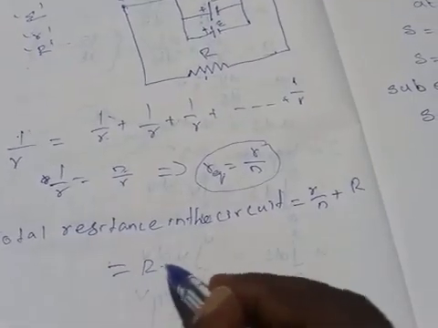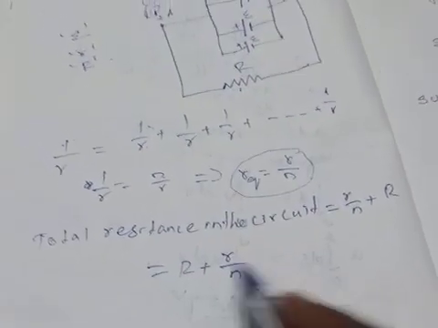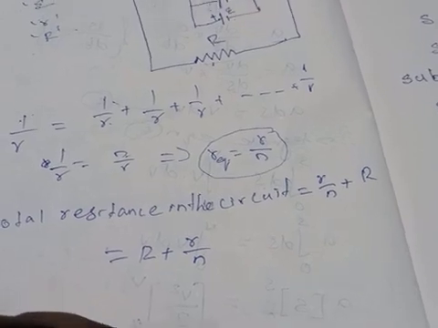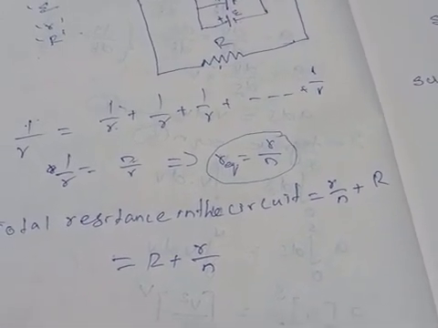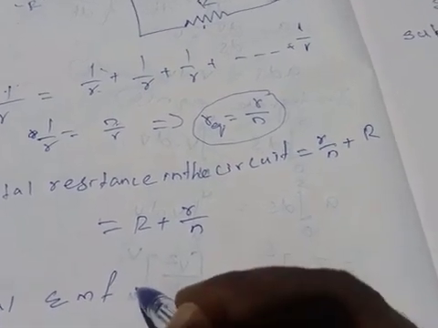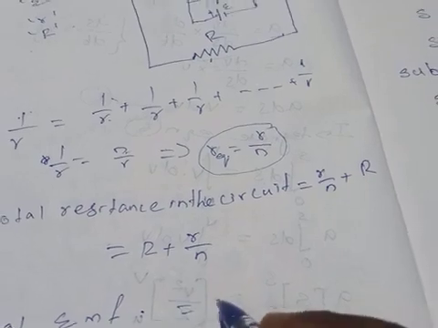You can write R plus R by N. This is the total resistance, and now the total EMF between these 2 points, what is it?